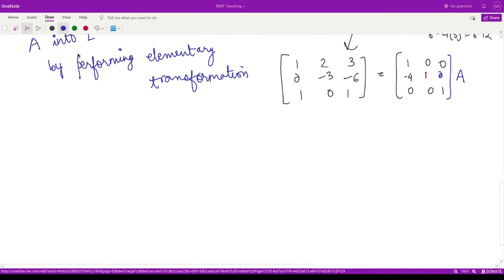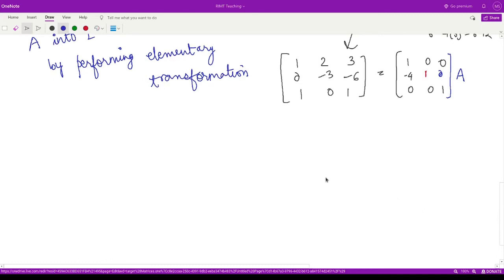Now, next we wanted to make this element 0 again. So how can we do that? Here we can apply this transformation on R3. We wanted to shift R3 to 0. So how can we do that?